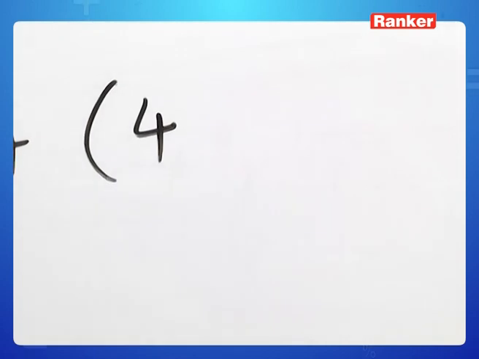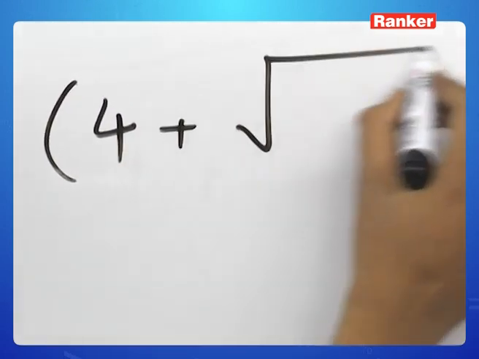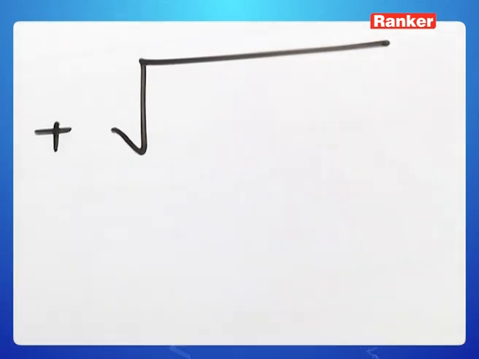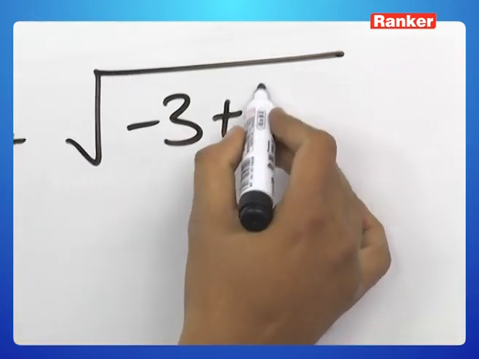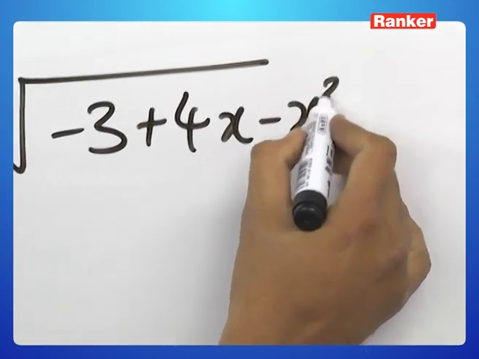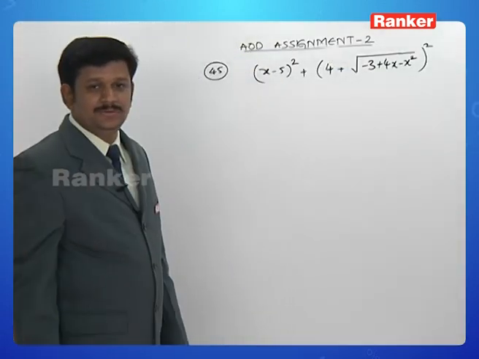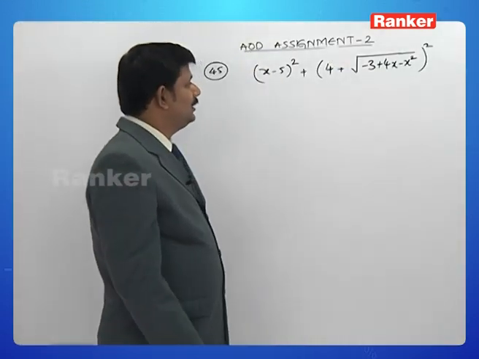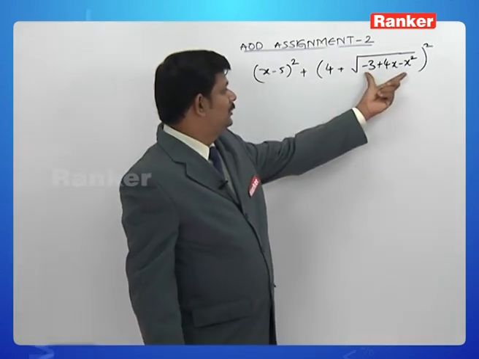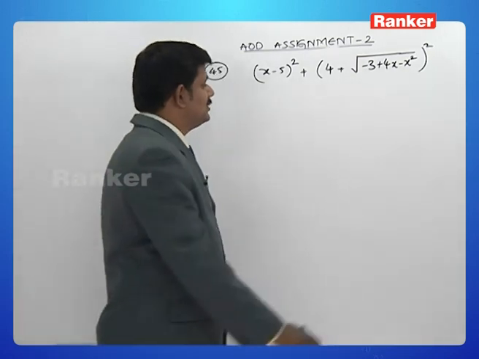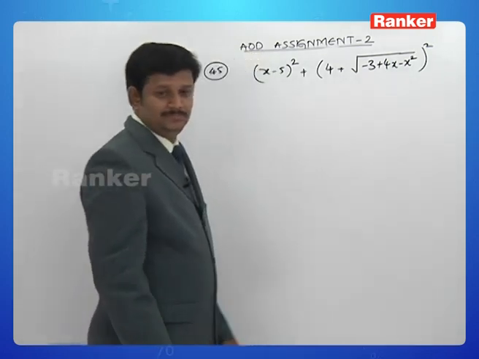It is given that x lies between 1 and 3, that is, for the sake of the domain of this function, x lies between 1 and 3.